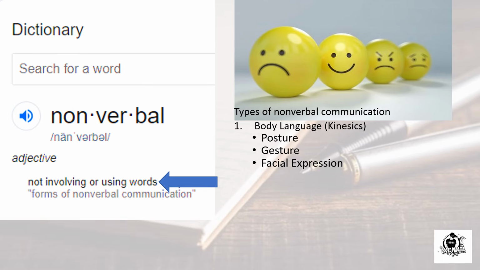So it communicates something. When you're sitting and you're slouching while you sit, this communicates that you are bored with what you are doing or with what you are listening to in that particular moment. Okay? Next is gesture. Gesture involves 3 of your body parts, which is your hand, your arm, and your shoulder.